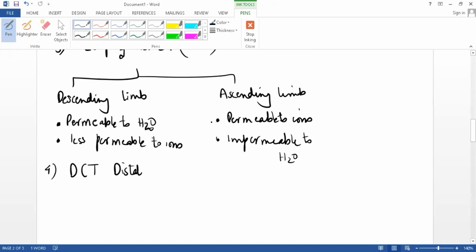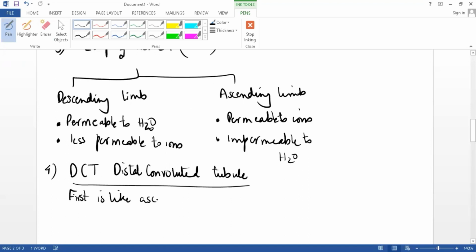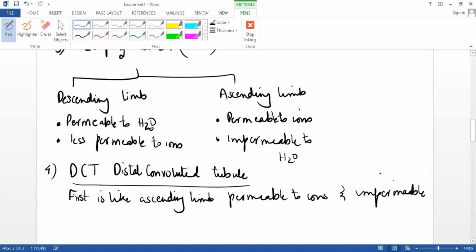its first portion is just like the ascending limb, permeable to ions and impermeable to water.